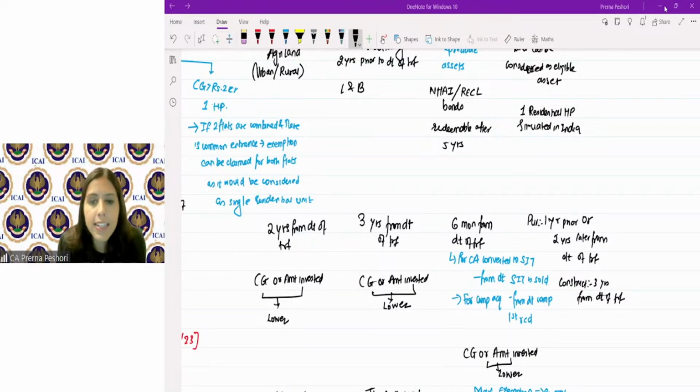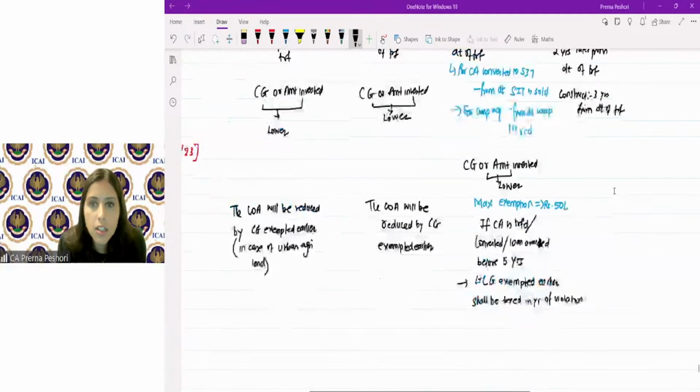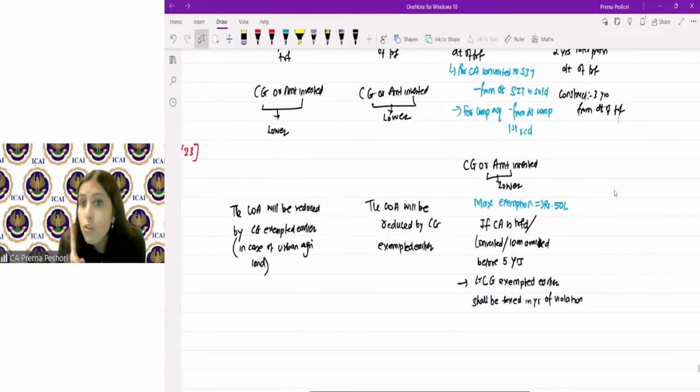Now, what will be the exemption over here? The exemption over here is not going to be the cost of asset or the amount invested or capital gain, whichever is lower. Here, the exemption is little different. So what is the quantum of exemption?